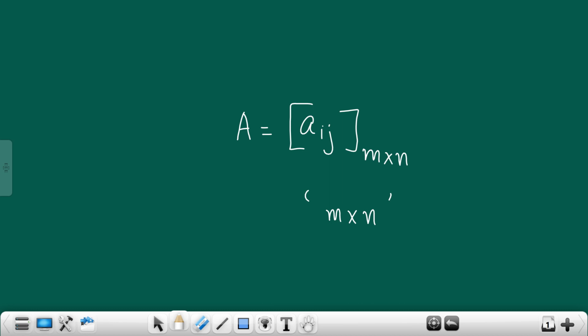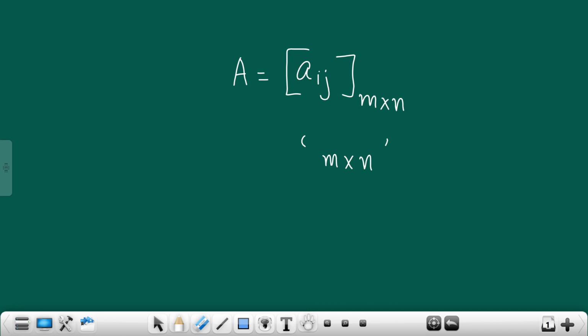A matrix of order m by n has mn elements, which means m into n elements.